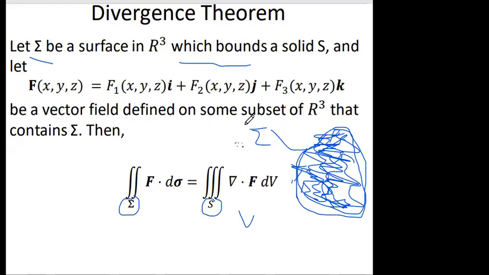So I'm going to compute how much my field goes across this surface, right? I want to compute this one. So instead of computing this, I can use this identity to compute that, right? So this is the divergence theorem, right?